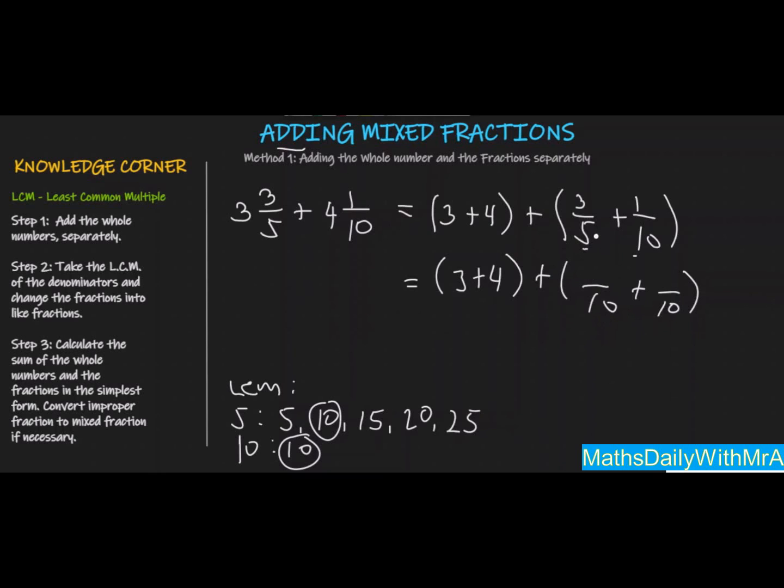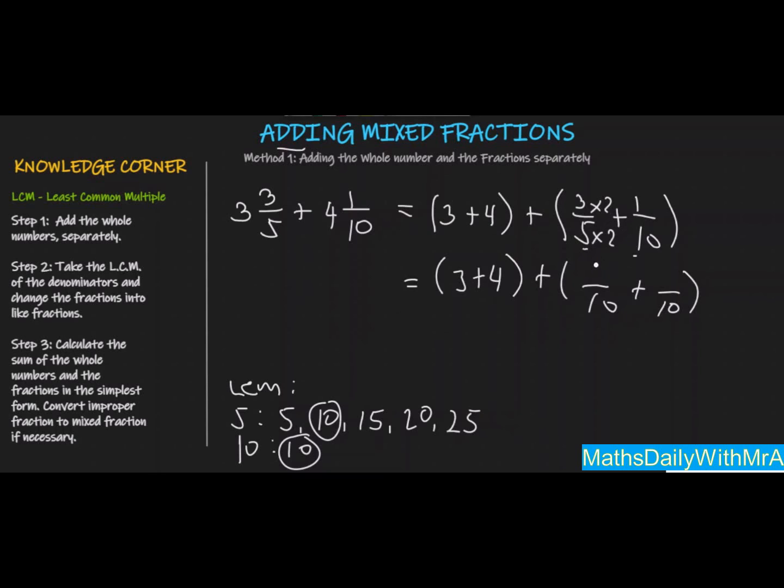In other words, we multiplied 5 by 2. Now, the rule of thumb here is whatever you do with the denominator, you should do the same with the numerator. So, we need to multiply 3 by 2.